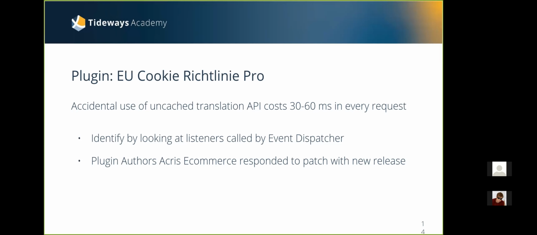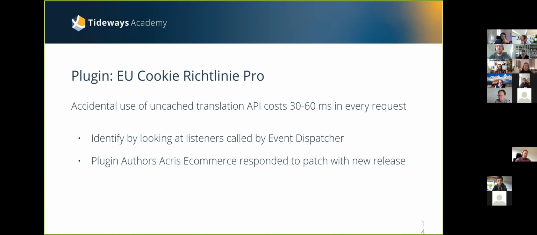So we talked to the plugin authors and suggested a very simple patch, and they happily accepted it and already released a new version. And that will shave around 30 to 60 milliseconds off every request, which in the case of Radonline was about 10% of the total performance. So it dropped the performance quite a lot.